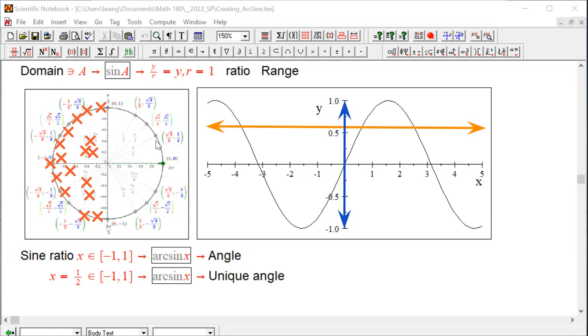We cannot allow going around and around. So the unique angle we require must be in this interval, between negative pi over 2 to pi over 2. Does that make sense?